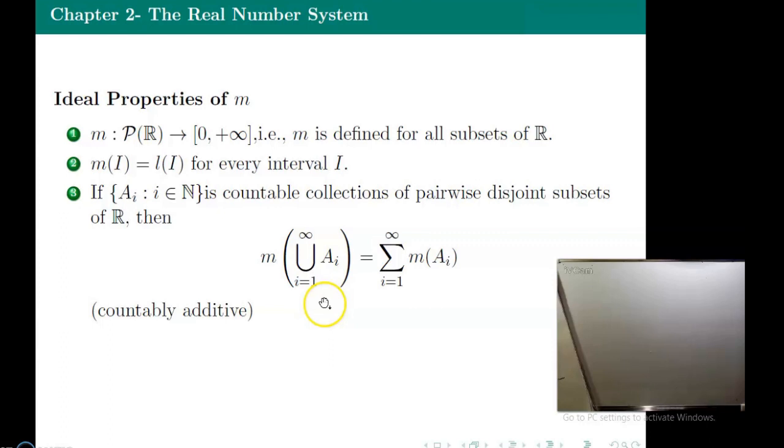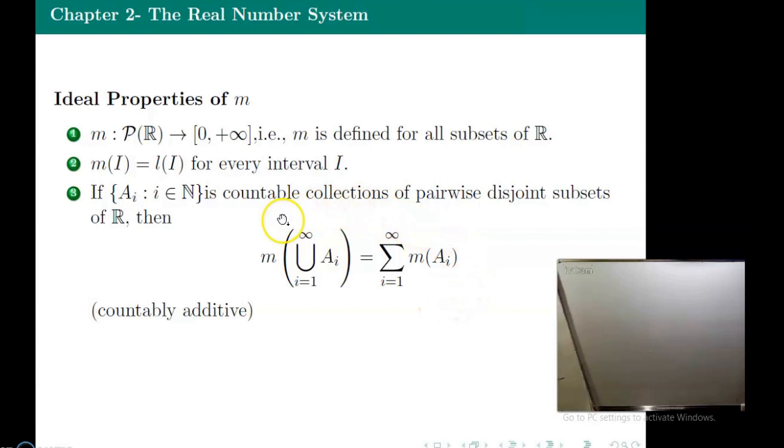So if we are going to get this, that is M of the countable union of A sub I, countable union of the sets, it is equal to the summation of M of A sub I, which is equal to M of A sub 1 plus M of A sub 2 plus M of A sub 3 and so on.